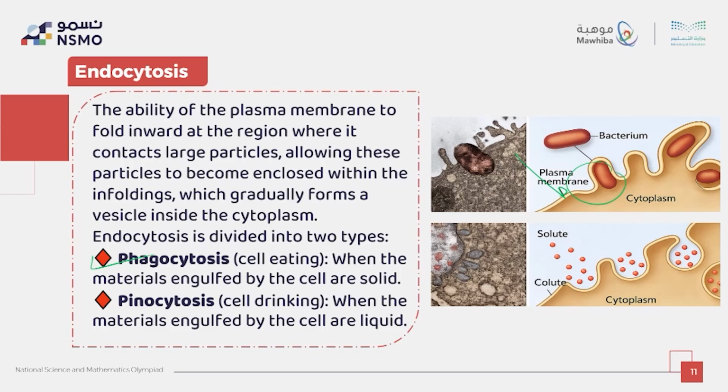Okay. The second type of endocytosis is pinocytosis, or cell drinking. In cell drinking, the cell takes in dissolved solutes and extracellular fluid into small vesicles. Look at the pictures below, down here.